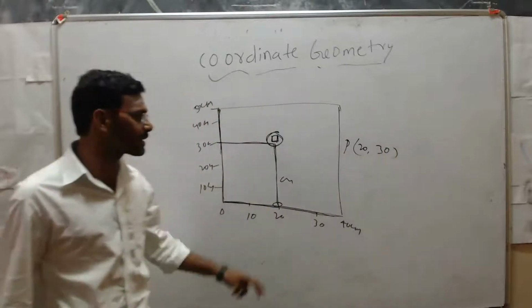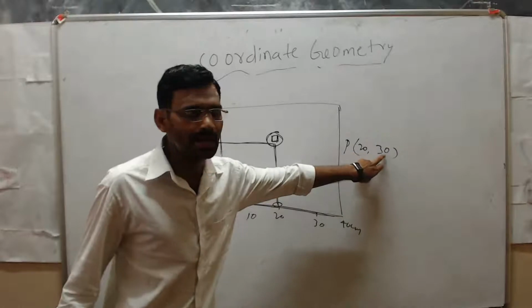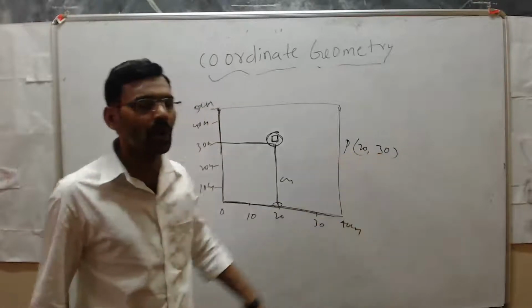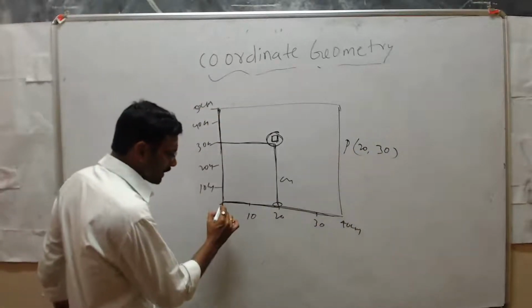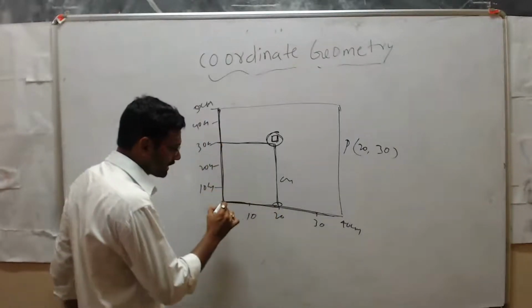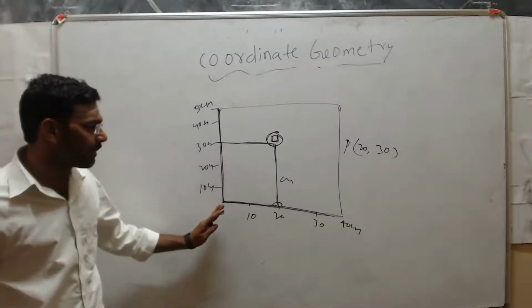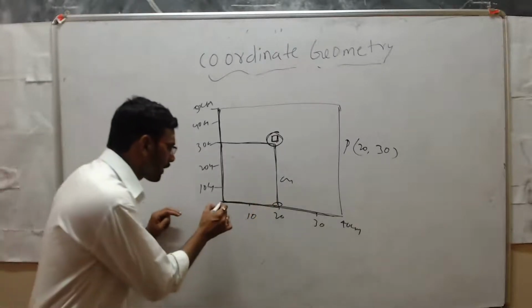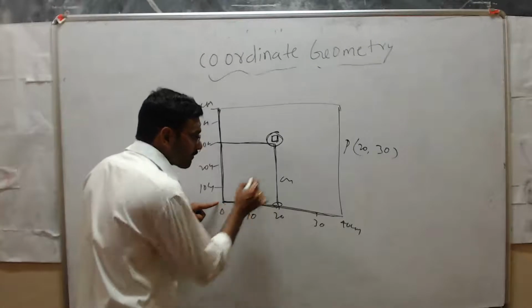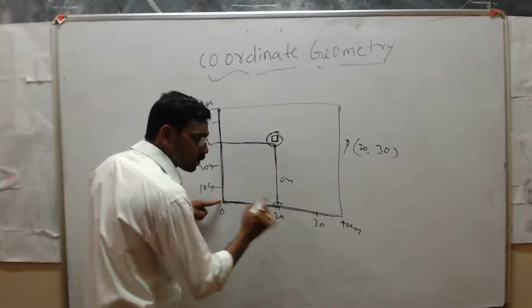Therefore, the position of the book is how much? 20 and 30. It is x-axis, it is y-axis, because 20 centimeter, 30 centimeter. From the origin to the position of the book according to the x-axis is how much? 20 centimeter.